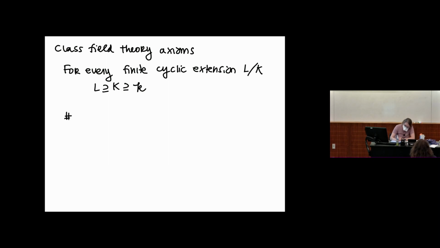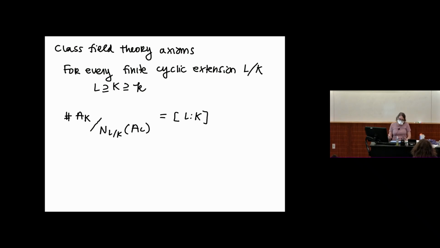You can think of K cross here in the local case, whatever replaces it in general, mod this norm map, that should have size exactly the degree of L over K, right?